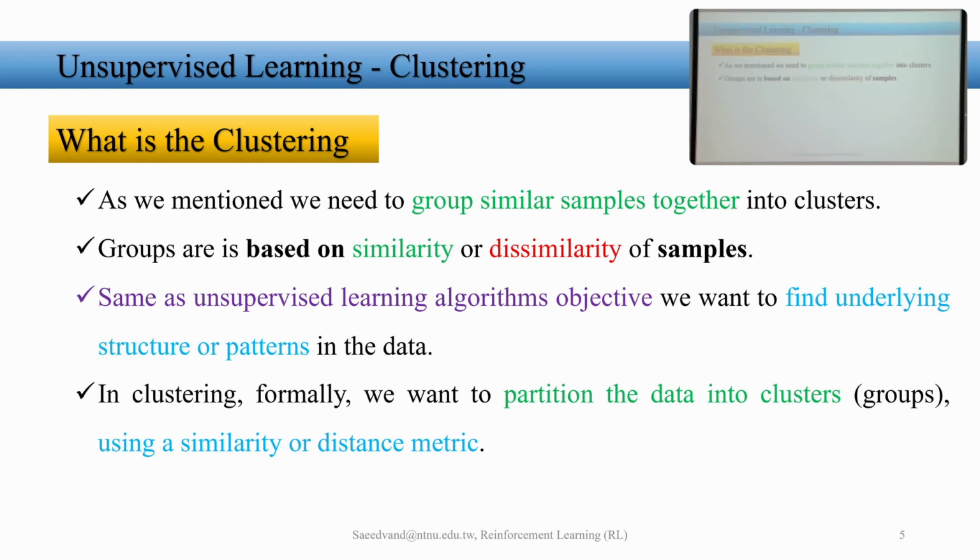What the algorithm is supposed to do, of course, is find similarities or dissimilarities of the samples in order to be able to give us some information. For example, for these points over here, the similarity is the location, the position of the points. We can say, okay, all of these are together, right?